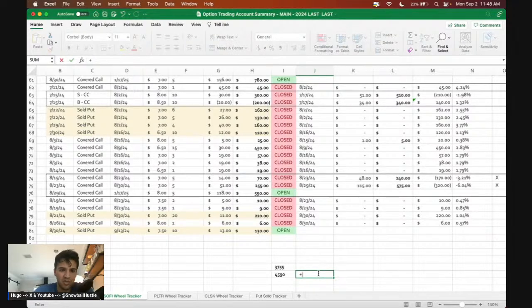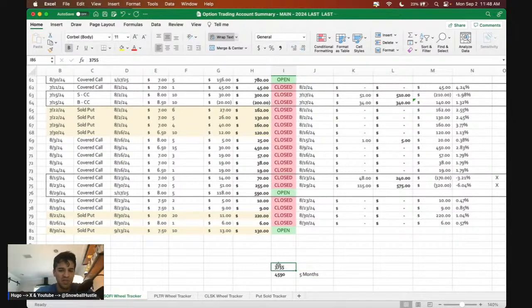This is January, so it's September. So September, October, November, December, January. So let's say 5 months, give or take. Right. So assuming, right, let's use this as our cost basis, because the idea is, okay, if I got that cash back and I let them get assigned, can I find a better use for that money to generate more than to just leave them there, right? That's really the question you got to ask yourself.